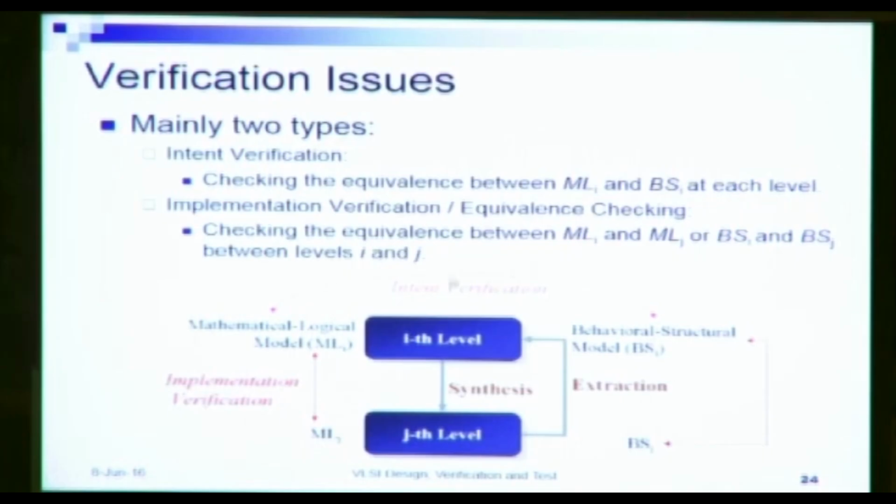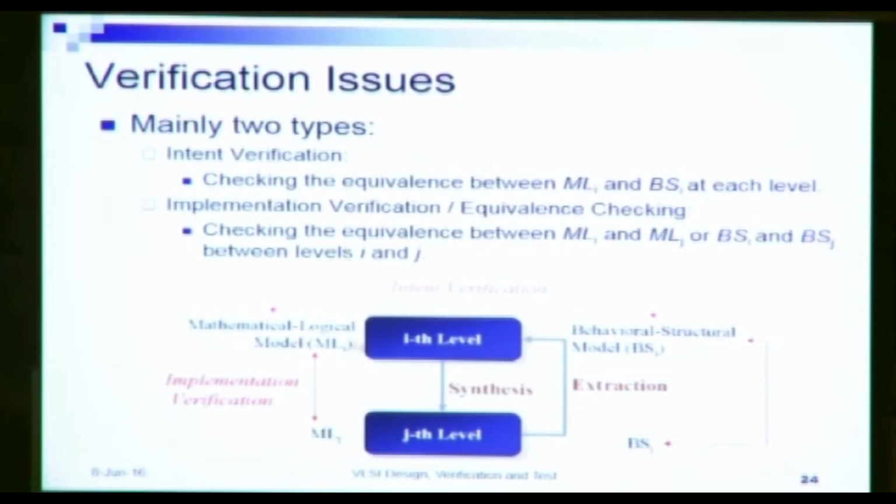This is with respect to the figure that we have here. The figure says that we have an ith level, and then through the synthesis process I come to the jth level. This is more structural with respect to the ith level. So this is less detailed, this is more detailed. This is more behavioral, this is more structural, because the synthesis process goes in this direction. And in each of these levels, we can have a mathematical or logical model of the specification.